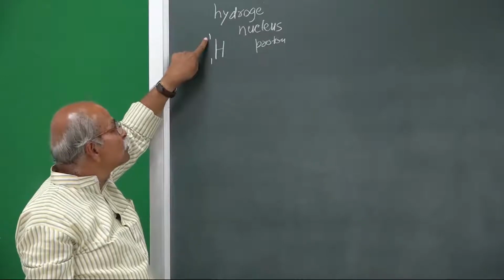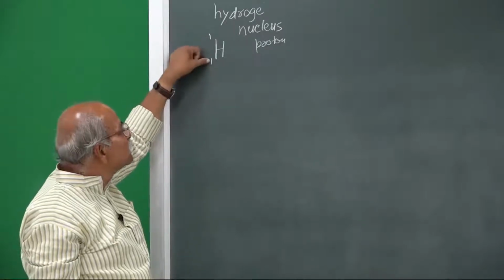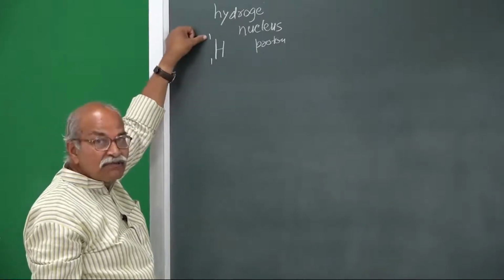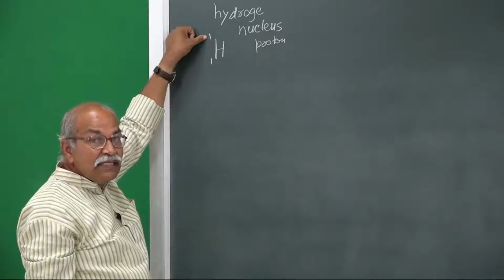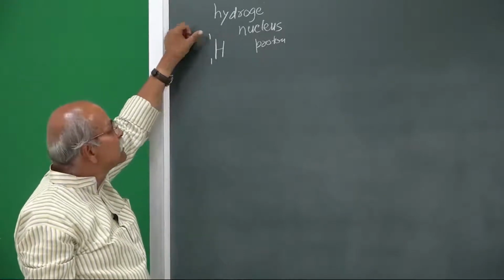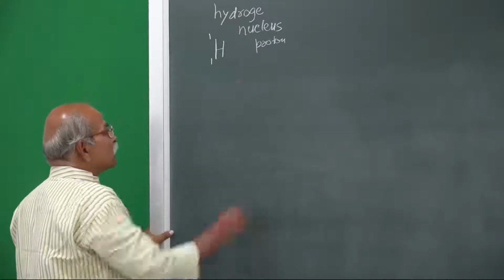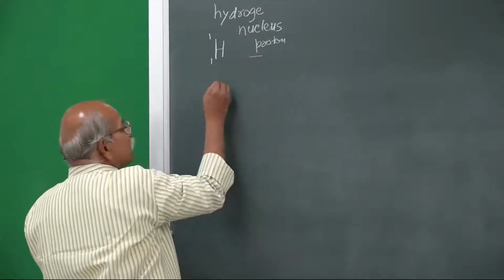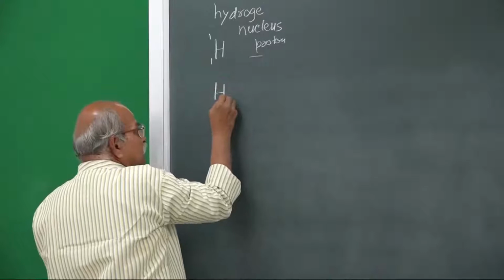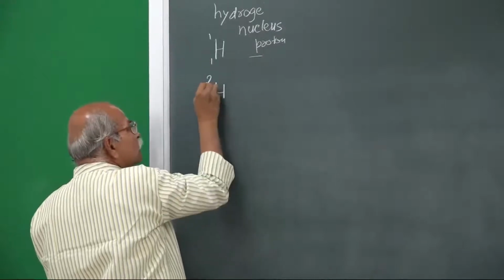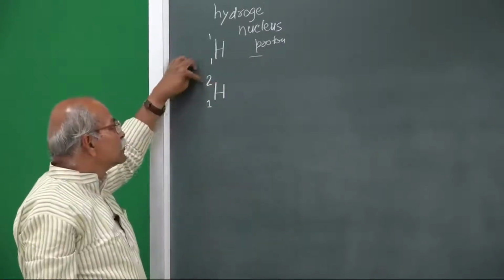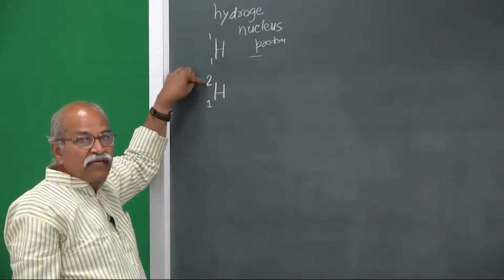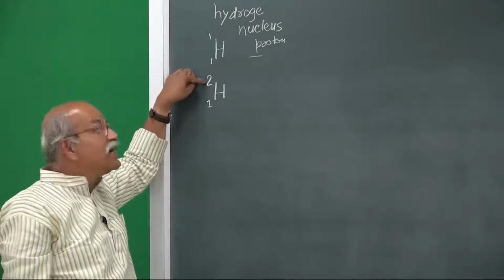We collectively call them nucleons. So, this is a hydrogen nucleus, which is just a proton, with no neutron. And if you have 1 proton together with 1 neutron, then the total number is 2. That is the nucleus of heavy hydrogen.